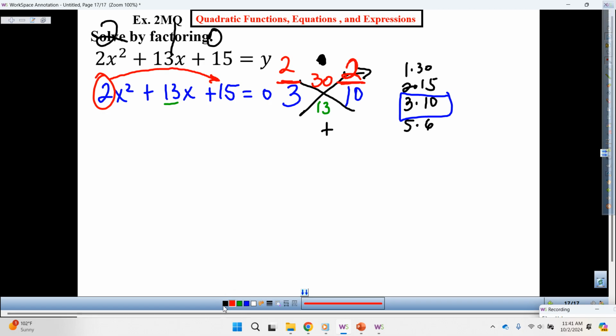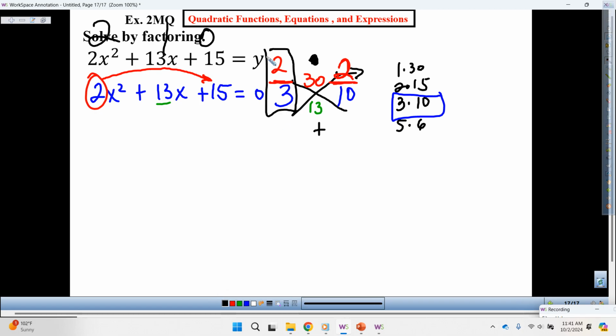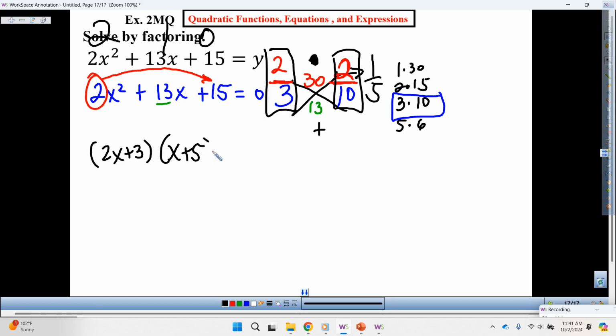Question. Can we reduce this fraction anymore? No, so my factor is 2x plus 3. Can we reduce this factor anymore? Yeah, 1 over 5, or my factor, x plus 5. All that equal to 0. Do we know what to do from there? Yeah, set each one equal to 0. 2x plus 3 equal to 0.